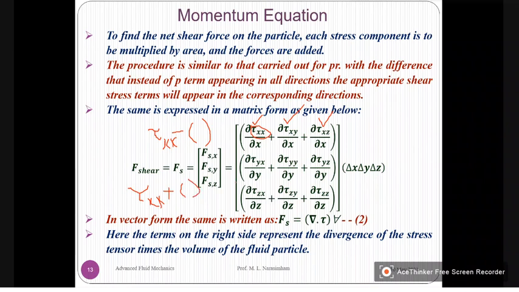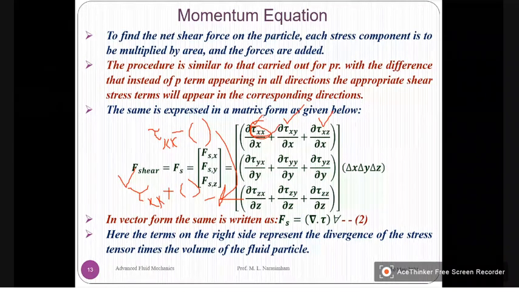So the net force will be this minus this, which we will get as this term into the product of delta x, delta y, delta z.